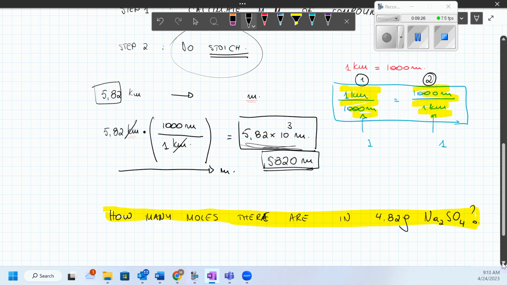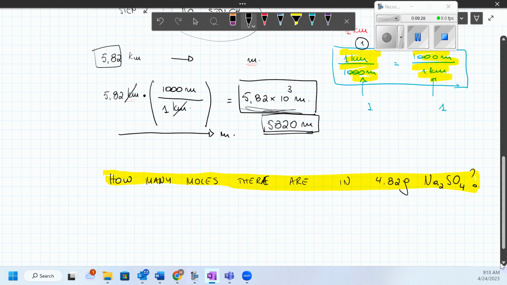So, as I said, the very first step that we will do is we will calculate the molar mass of sodium sulfate.